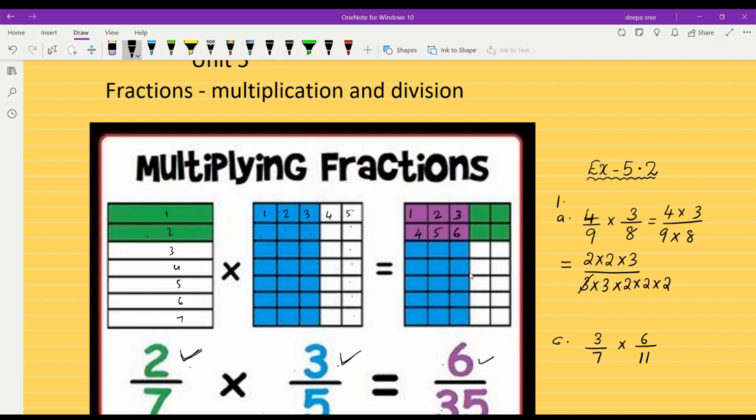We can cancel the common factors. If no numbers are left out in the numerator or denominator, then there you have to write 1. And here 3 and 1 2 is left out, so 3 2s are 6.